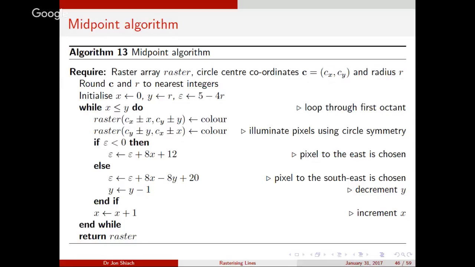So we have minus 31 and we update it plus 8x plus 12. 8 times 0 plus 12. So that'll be minus 16, I think. Minus 19, sorry.